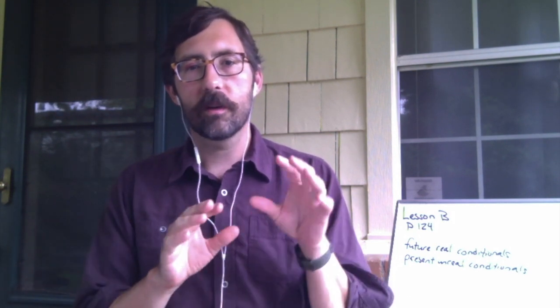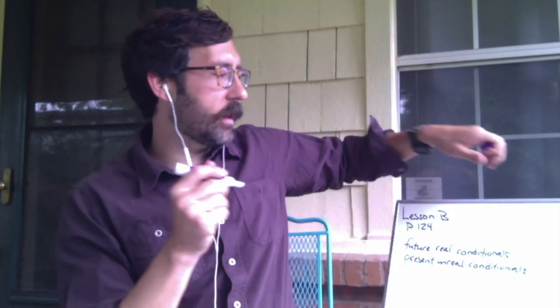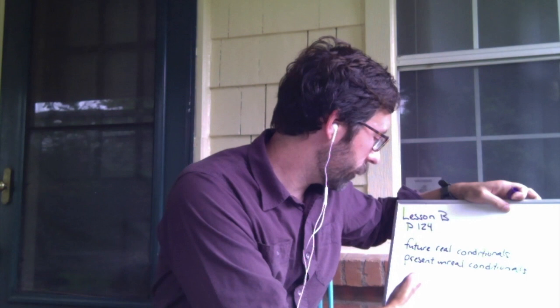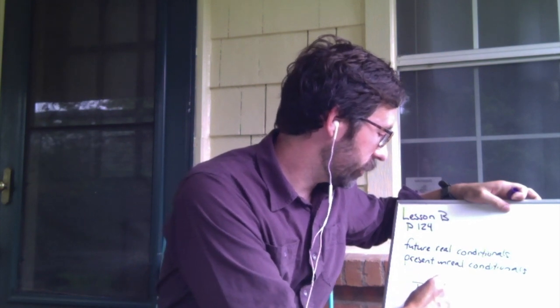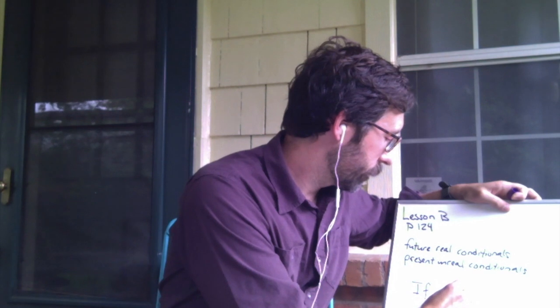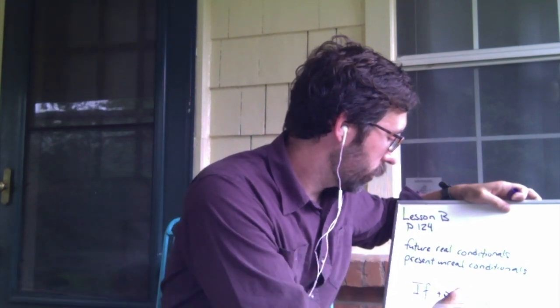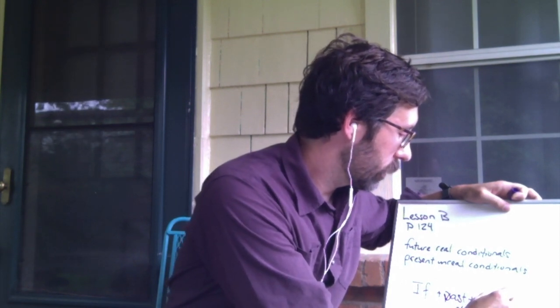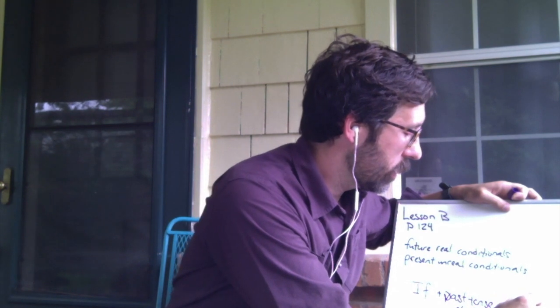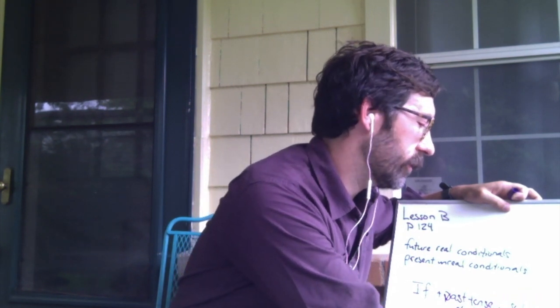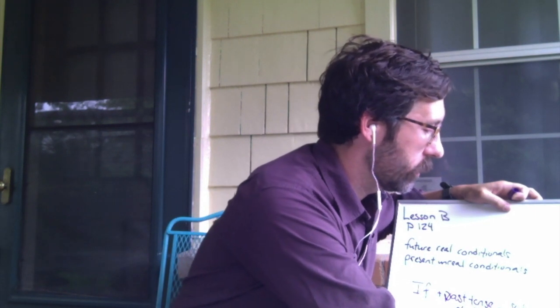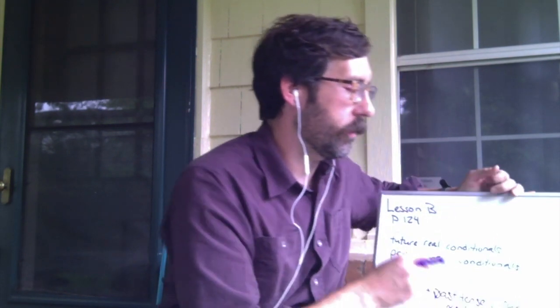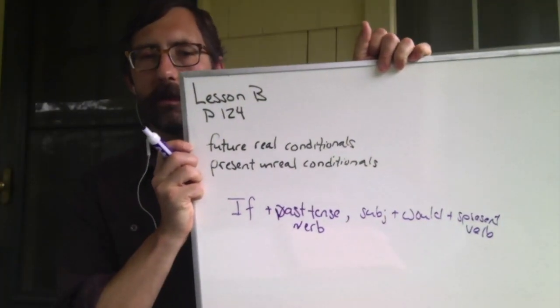Okay, and we talked about unreal conditional clauses, and when we had unreal conditional clauses, we had if plus a past tense verb, and then a subject with would plus a simple present. So you can see that.